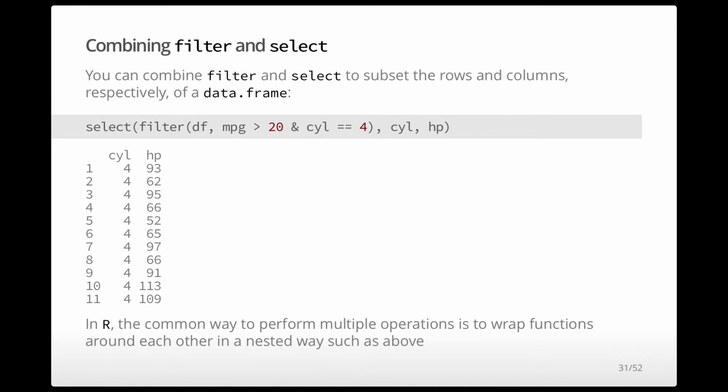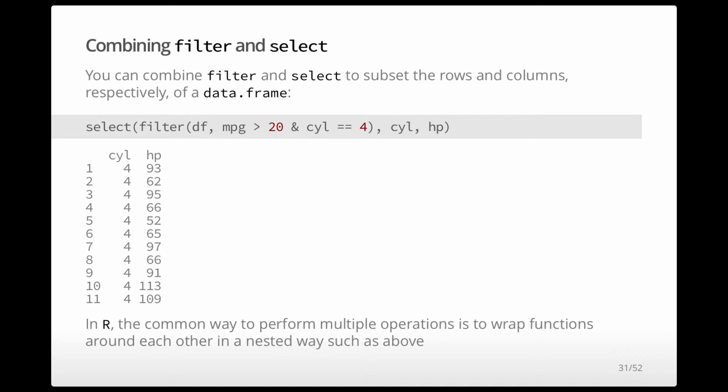So you can combine these. Again, R works from the middle out. So what this will do, filter data frame: grab the miles per gallon that's greater than 20, and when they're 4 cylinders, it'll give back that data set. So this is the first argument into select.